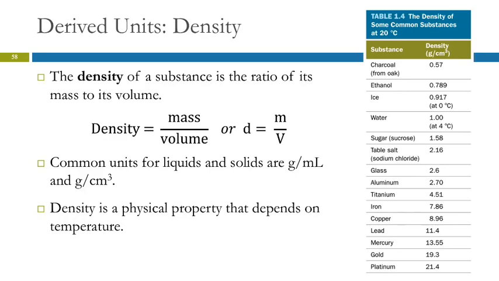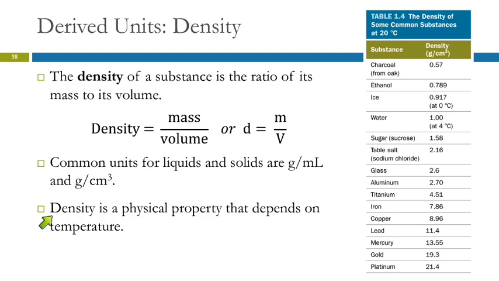That's going to give us reasonable numbers. The density might be 0.8 grams per milliliter or 11.4 grams per cubic centimeter. Reasonable numbers. For gases, though, we tend to express their densities in grams per liter because gases are so much less dense.